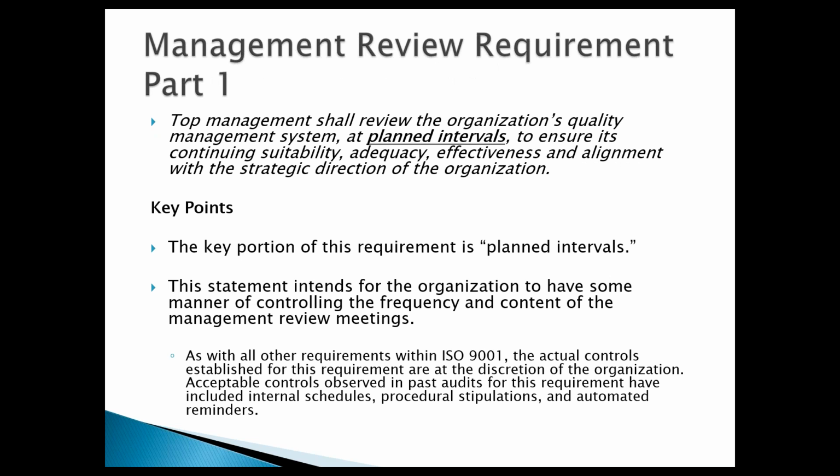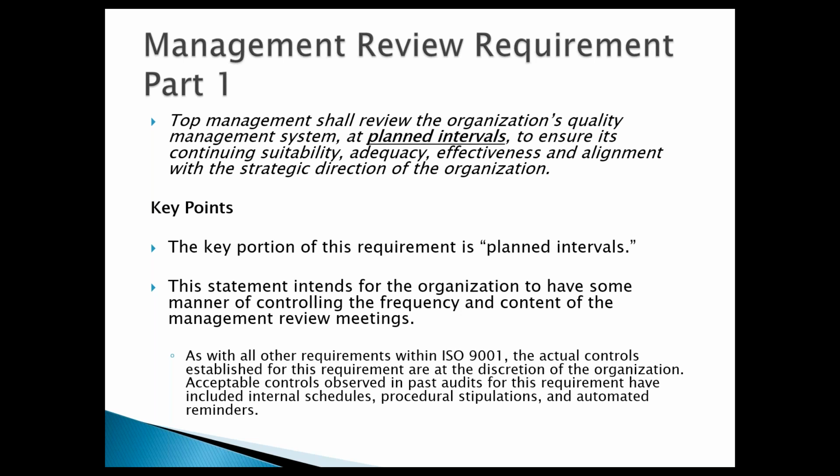Now, part 1 of the requirement says that top management shall review the quality management system at planned intervals to ensure continued suitability, adequacy, effectiveness, and alignment with strategic direction. Now, the key portion here is planned intervals. What this means is that you have to have some manner of controlling the frequency and content of the management review meetings.